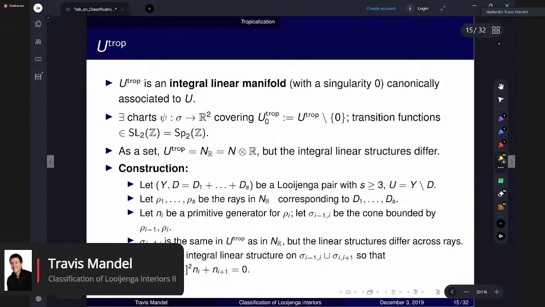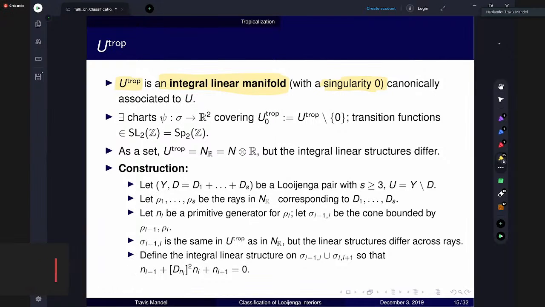So U trop will be an integral linear manifold with a singularity at the origin, and it's canonically associated to U. You can do this stuff in any dimension, like log Calabi-Yau and cluster varieties in any dimension. But it's special to dimension 2 that this only depends on U. In higher dimensions, this ends up depending on the boundary also.